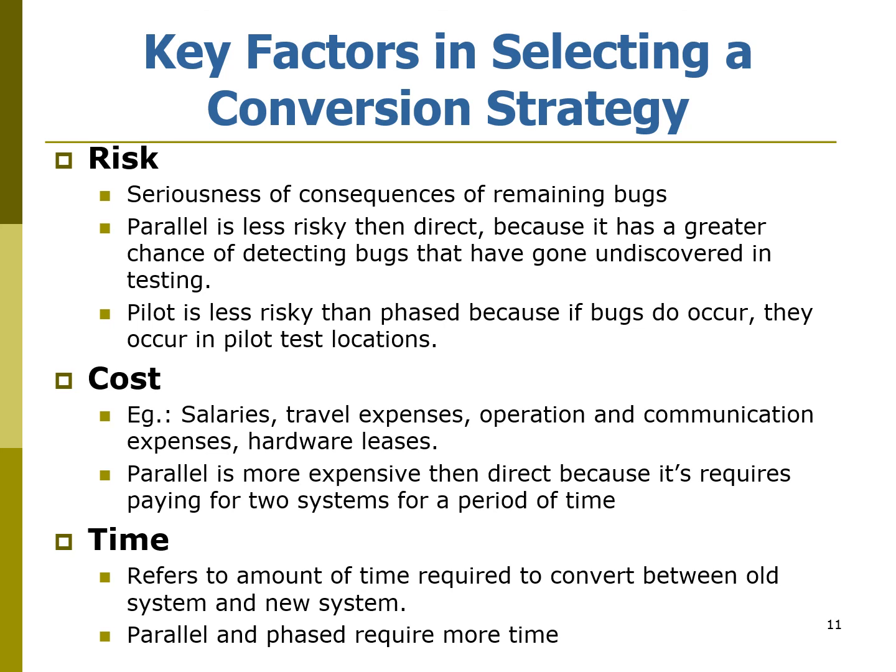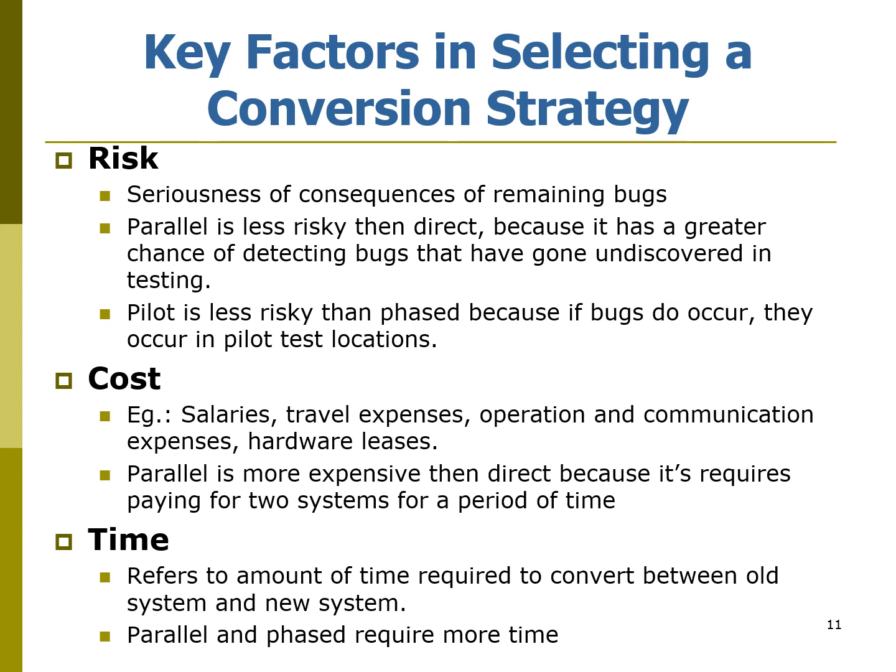Okay, because when you do direct conversion, the current system is no longer there, but with parallel, it's still there, right? If an error is detected in the new system and cannot be solved, you can fall back to the existing system. Another less risky approach is pilot, because if errors happen, they are only experienced in one unit or one department rather than the entire organization.